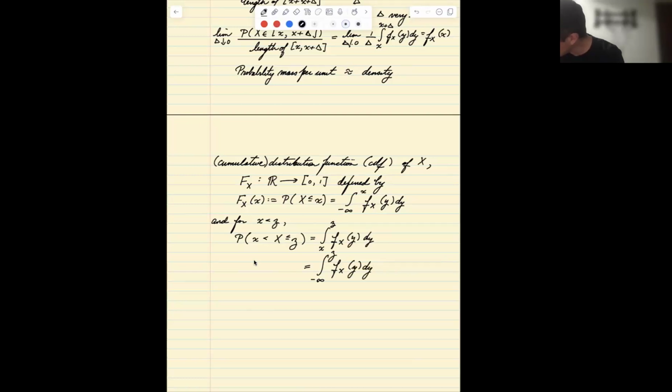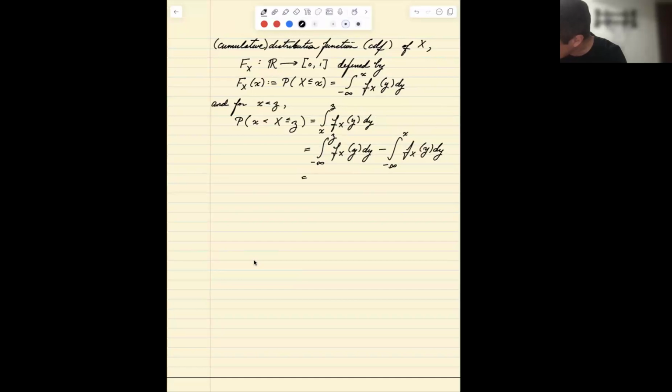So we first integrate all the way up to z, but then we subtract off the piece all the way up to x. In terms of the distribution function, that's the distribution function evaluated at z minus the distribution function evaluated at x. So that's how we would use the distribution function to calculate a lot of probabilities that we're interested in. In the continuous case, we're often interested in whether the variable falls within a particular interval.